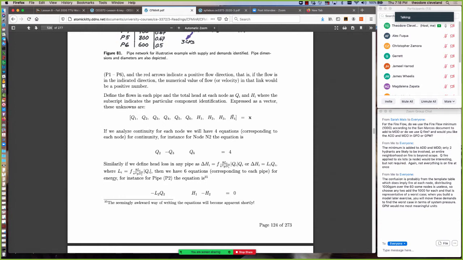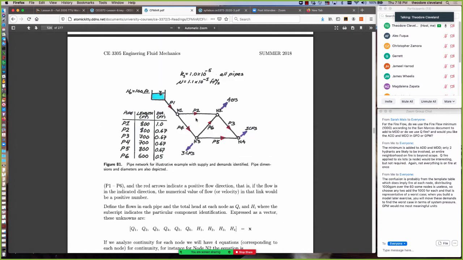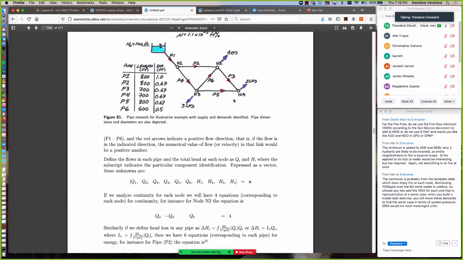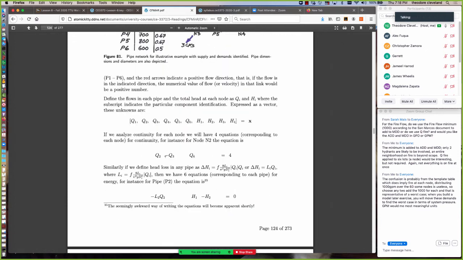For instance, for node number 2, the equation is Q2 coming in, Q3 leaving, Q6 coming in, equals 4 cubic feet per second on the right-hand side. We move the demand to the right-hand side. We would repeat that for nodes 1, 3, and 4 to get the node equations.